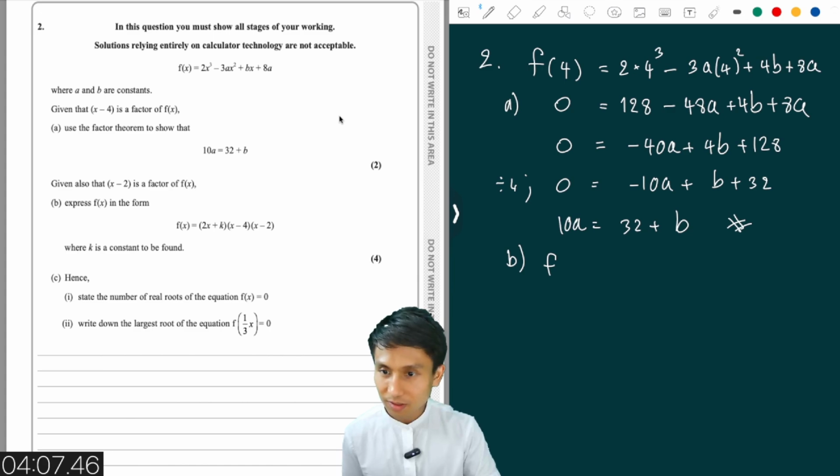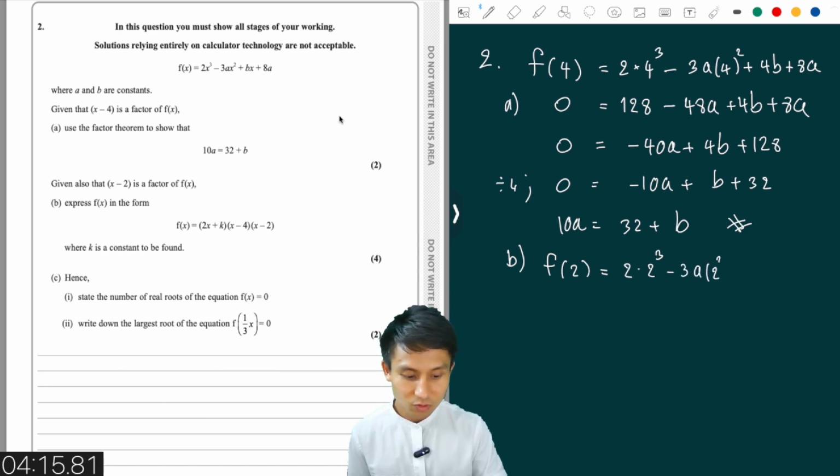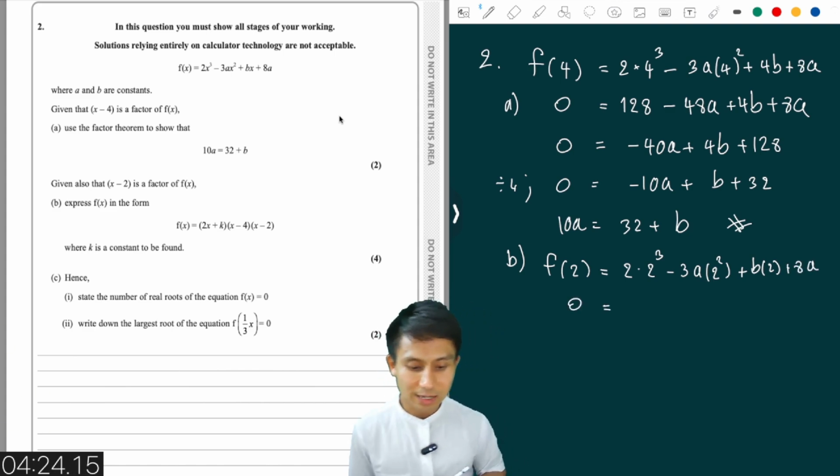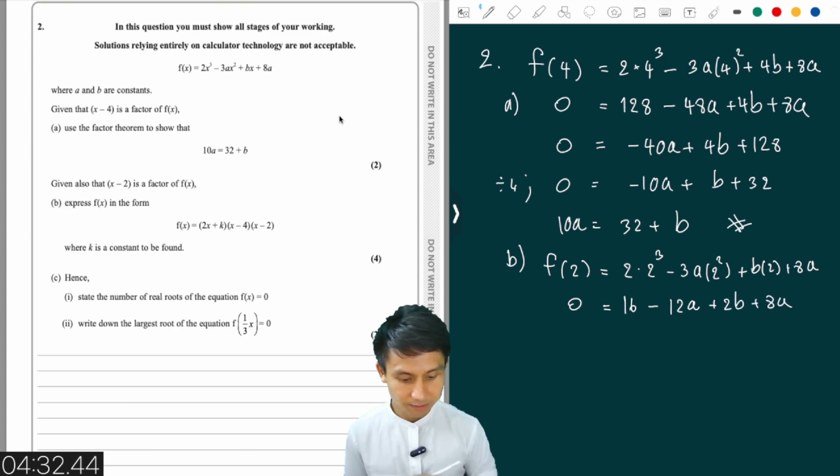So f(2) equals 2 times 2 to the 3 using the original expression, minus 3a times 2 squared plus b times 2 plus 8a again. And then we put that to 0 again. So 2 times 8 is 16, minus 12a, just multiplying out there, plus 2b plus 8a.